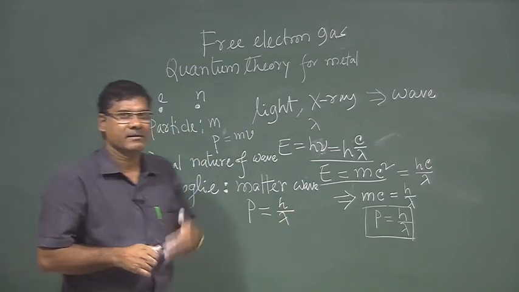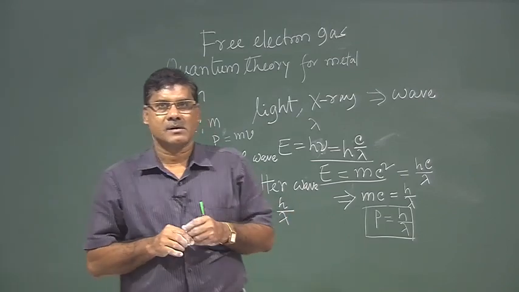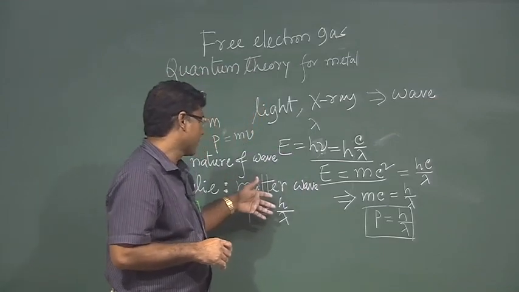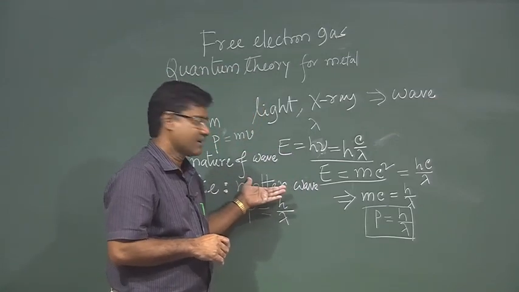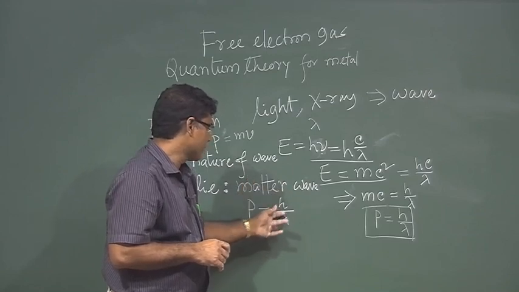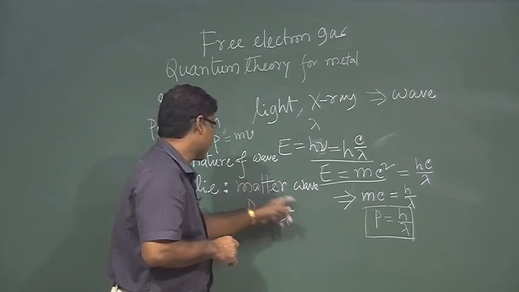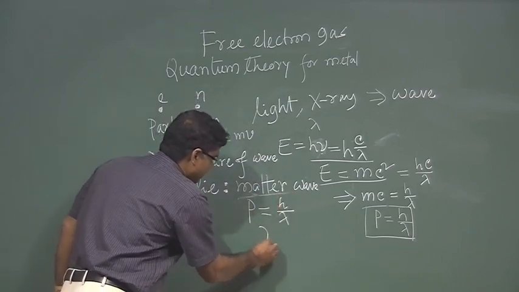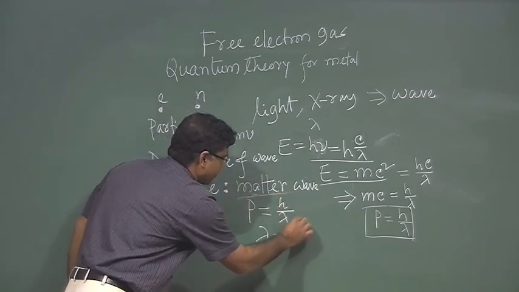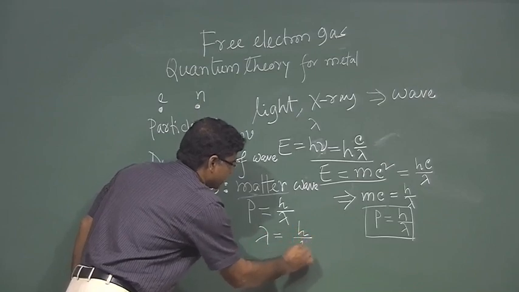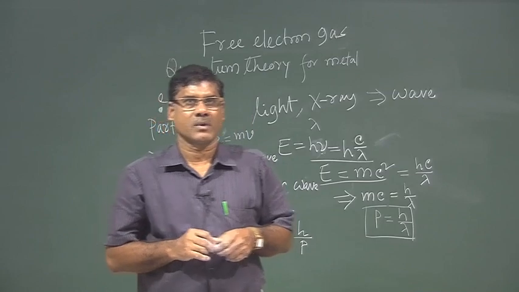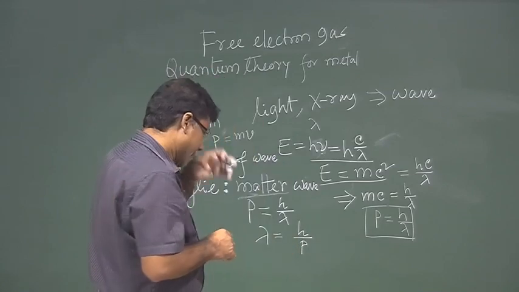If matter has the momentum p, then the wave associated with this matter will have a wavelength lambda, and they will be related like this. That is why this lambda is called the de Broglie wavelength of matter.